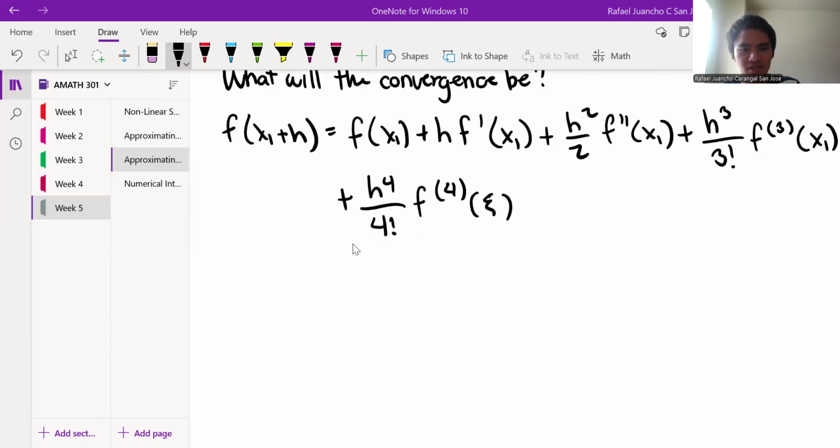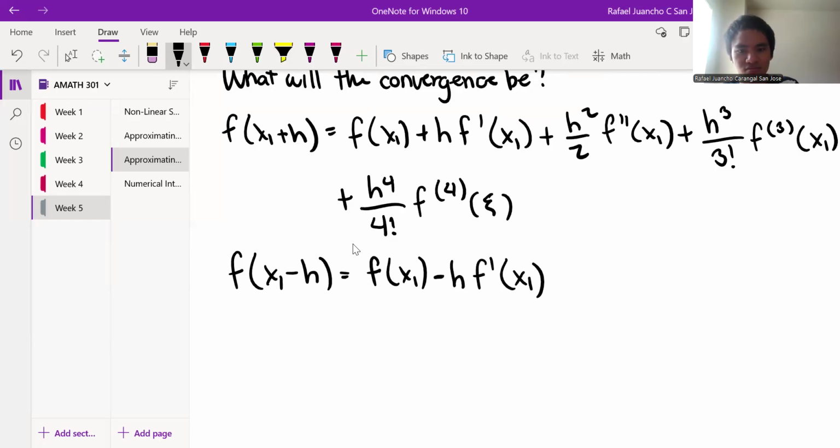So now this is my f of x1 minus h. So this is equal to, we do it again, f of x1. But here, instead of adding, we're going to subtract this part. Let me just do this. And then we're going to add, but this time this is negative h squared over 2, still the second derivative though.